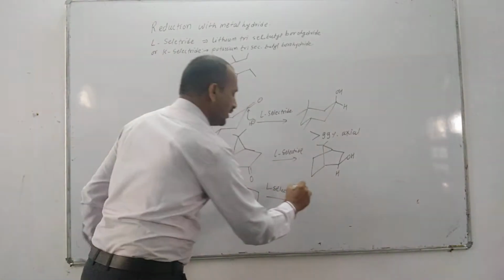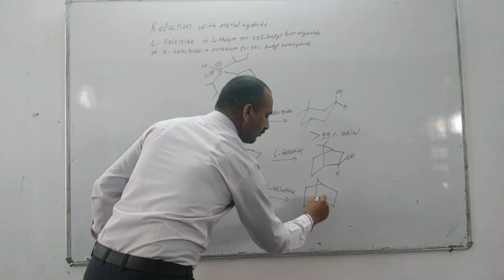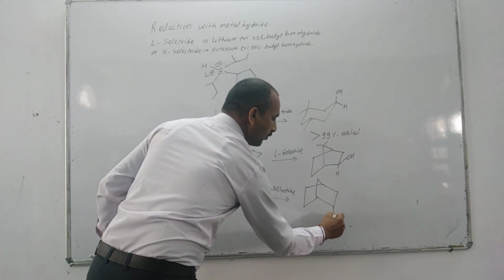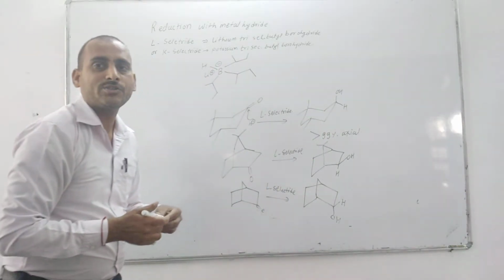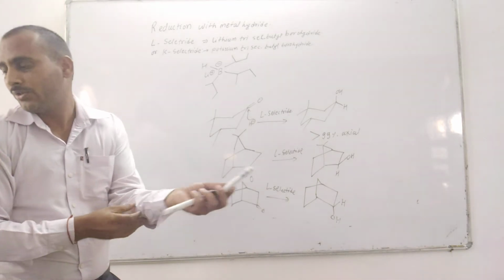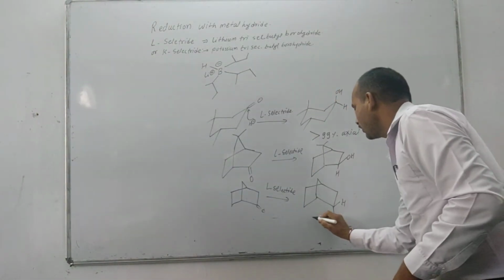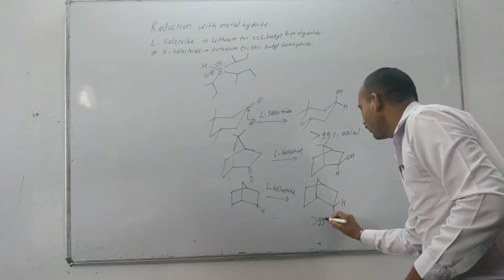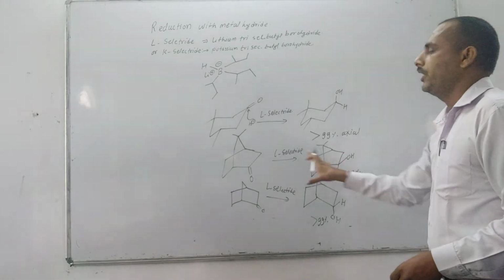So the product formed has OH, with the hydrogen attacking from the exo side, and the OH goes to the endo side. So the endo product is obtained, again with more than 99% product obtained, and here also more than 99% product obtained like this.